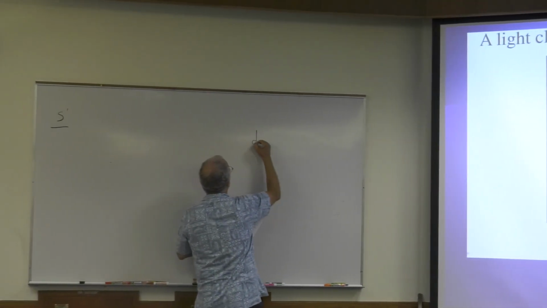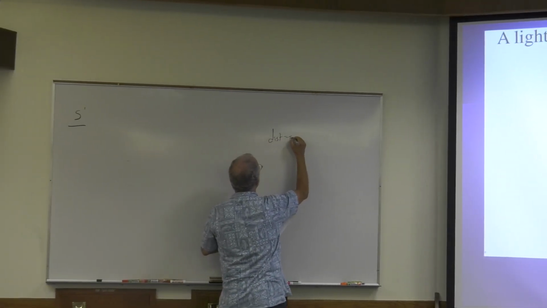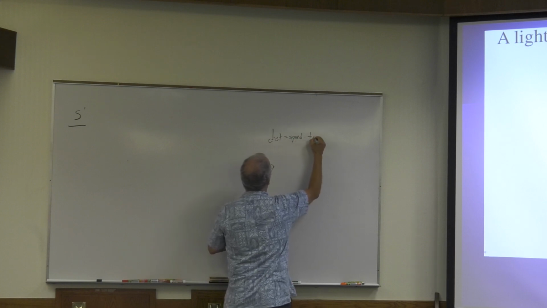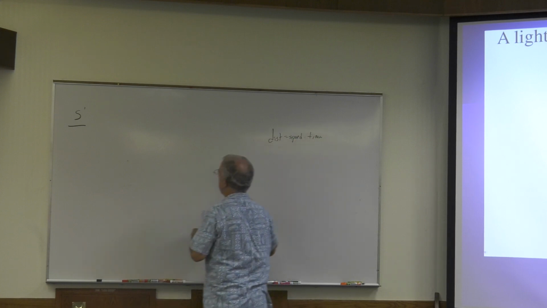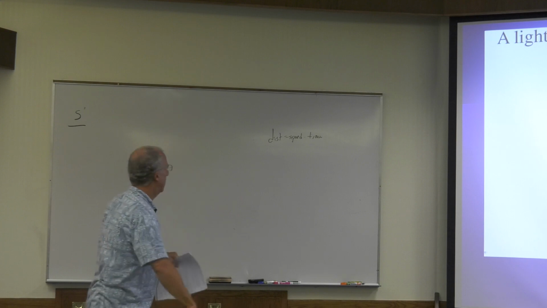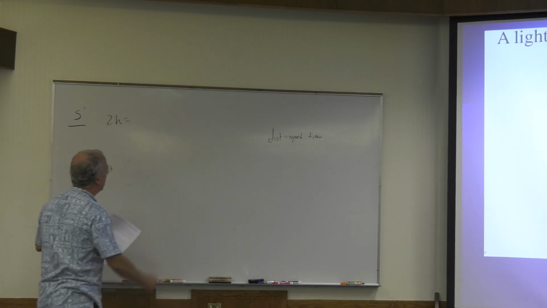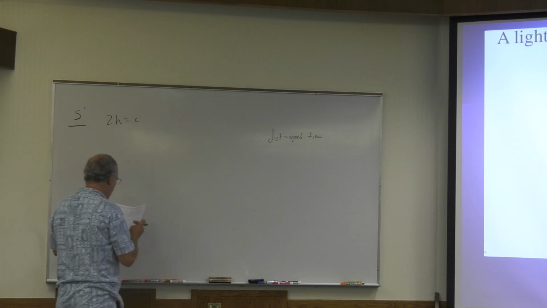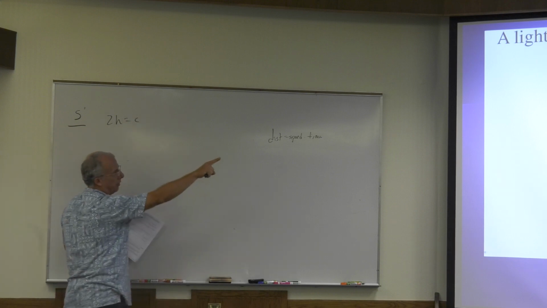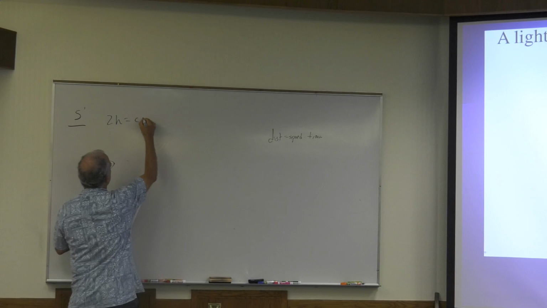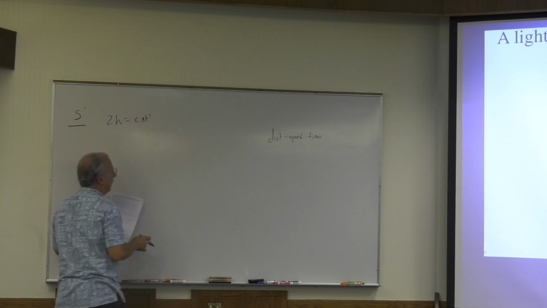Remember, distance equals speed times time. The distance up and back is 2h, speed is c, and the time, since it's frame S prime, I'm going to say delta t prime.